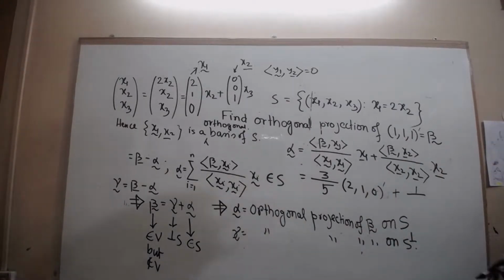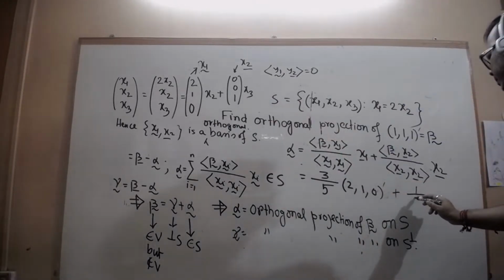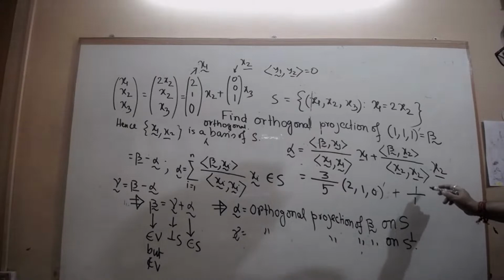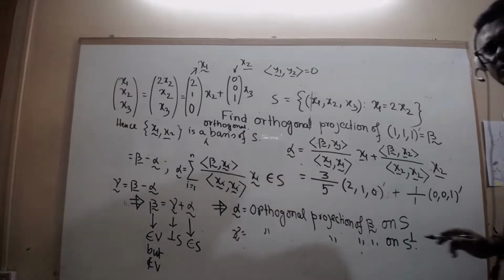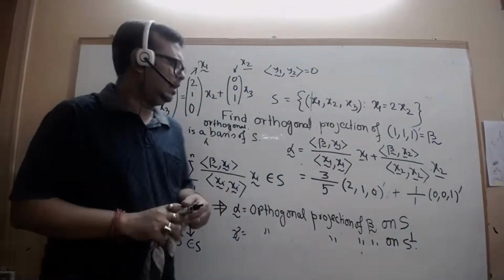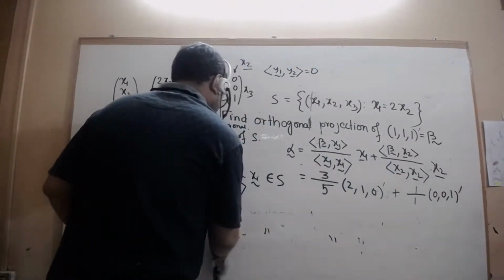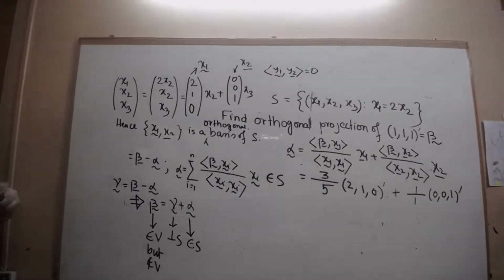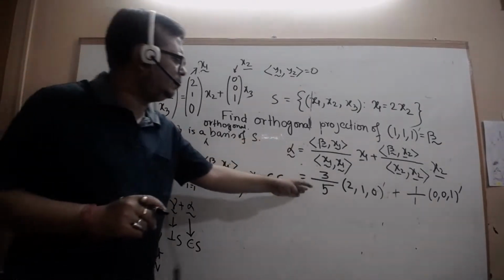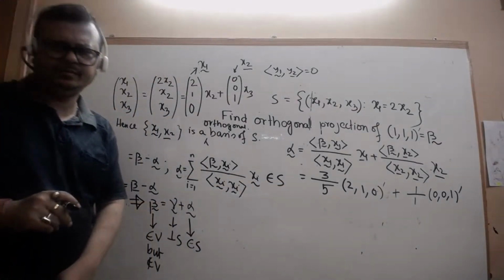So this is 1 and this is again a 1, and x2 curl is 001. So please tell me up to that. If you have any problem, please tell me, I will discuss again.